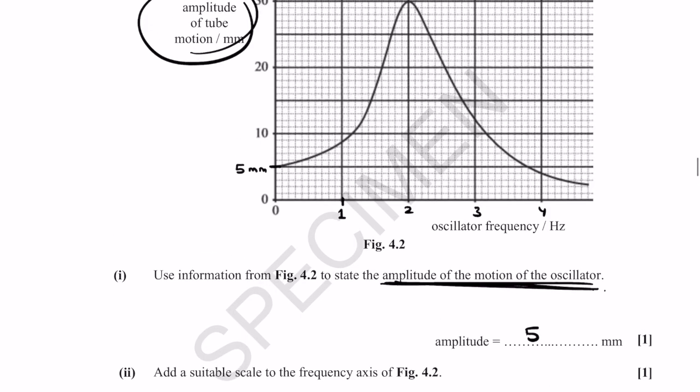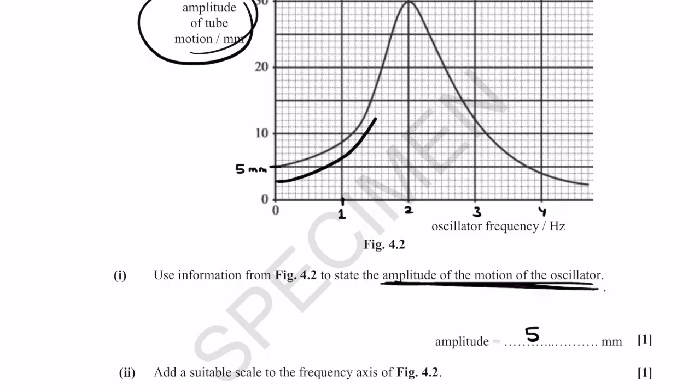If you have heavy damping, it would reduce the natural frequency and bring it down. So instead of having a peak at 2 hertz, now the peak will be slightly shifted to the left-hand side, and the amplitude will also not begin at 5 millimeters. So I would just make it flatter and shift it towards the left.